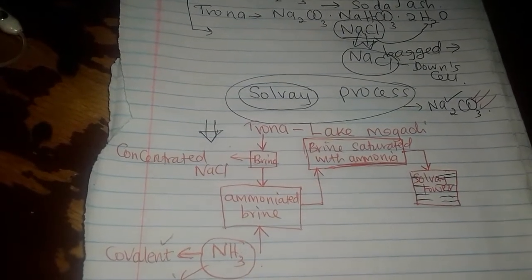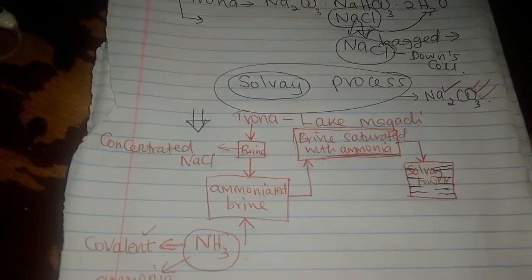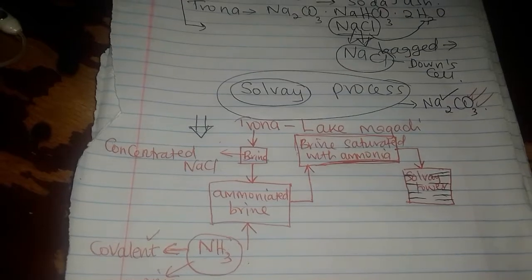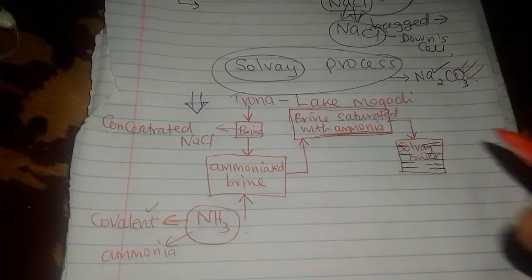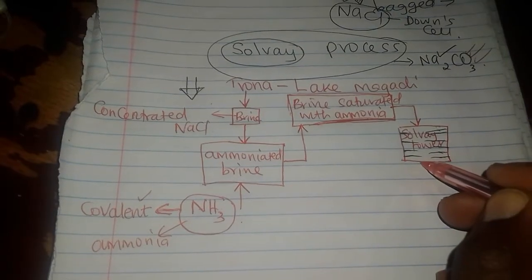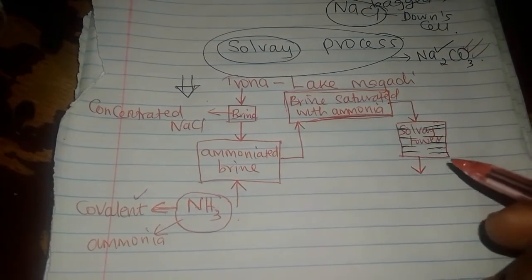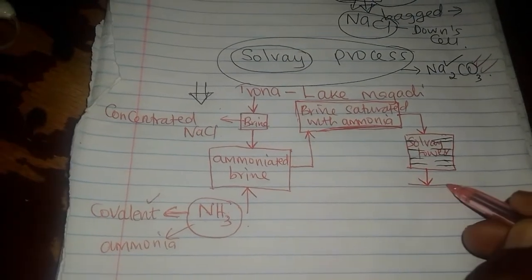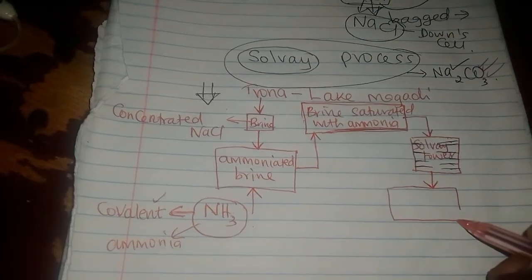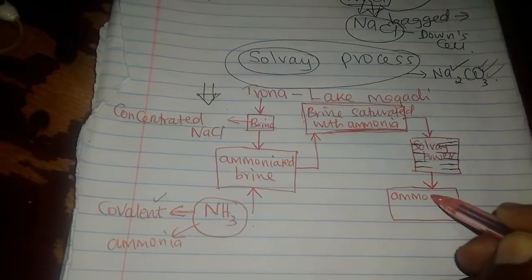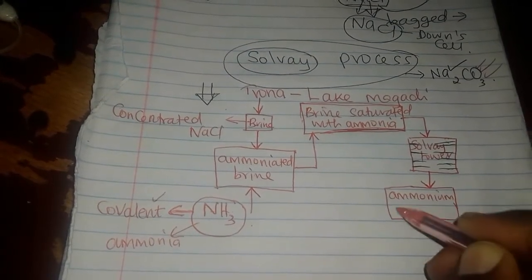The Solvay tower with all those extensions has its own role. If I'm done with that part, I can come here and draw another chamber down here. So the Solvay tower can end up joining us here, and whatever we may have here is ammonium chloride.